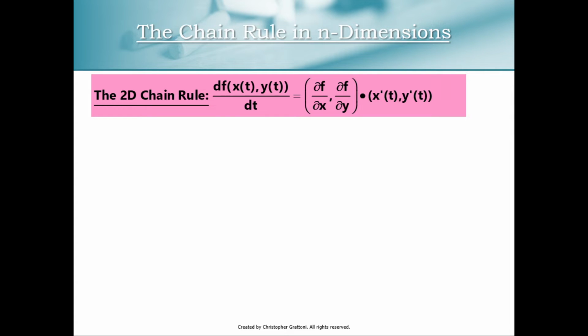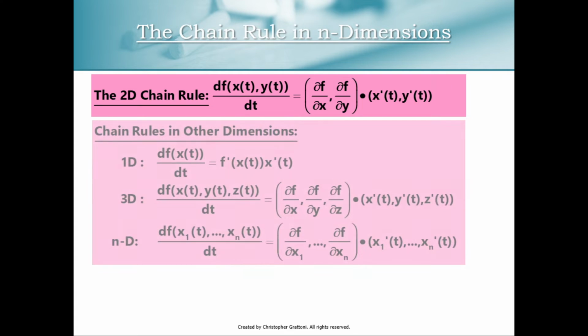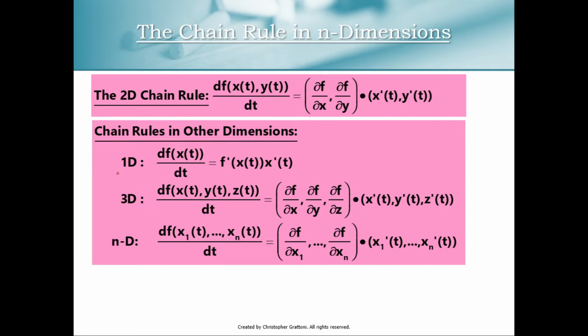We could lift this up to any number of dimensions. So this two-dimensional chain rule corresponds to the chain rule that you learned from your Calc BC teacher last year. But we could also lift it up to 3 dimensions, n dimensions. This is a chain rule that will work in any number of dimensions, which is kind of neat.